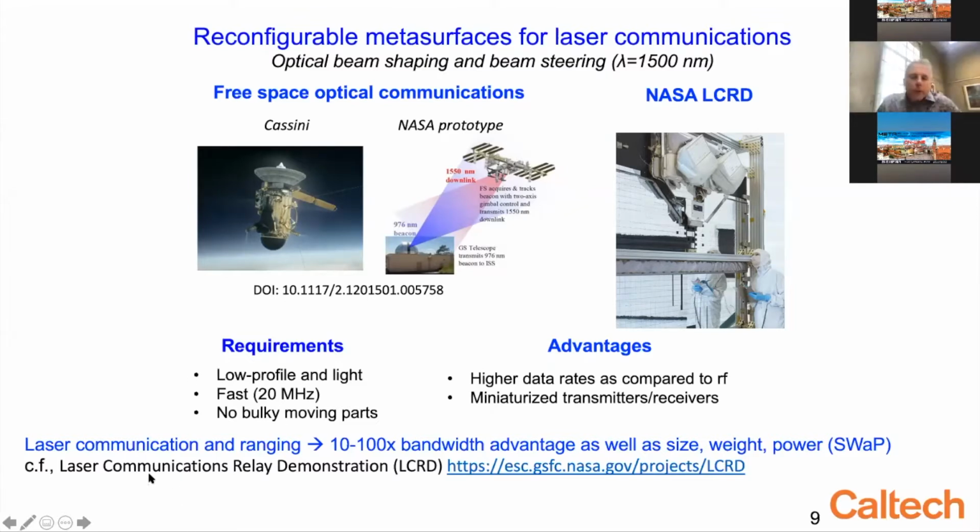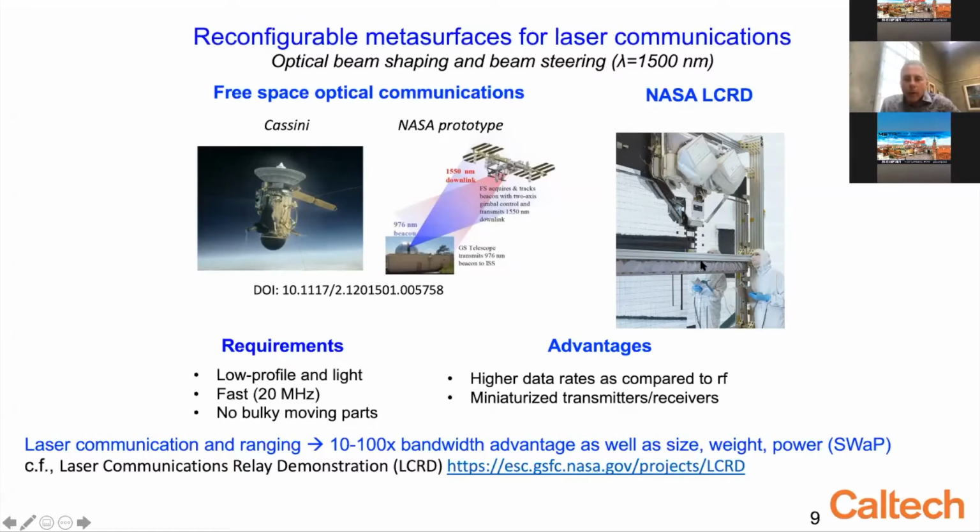And it would be very desirable to replace this RF aperture with an optical aperture, an optical source and detector, simply because of the wavelength advantage, much smaller wavelength, and therefore the potential for a smaller aperture for communications. And that is an active effort that's being undertaken by NASA in the United States to develop, for example, this laser communication relay demonstration element here that's shown on the right.